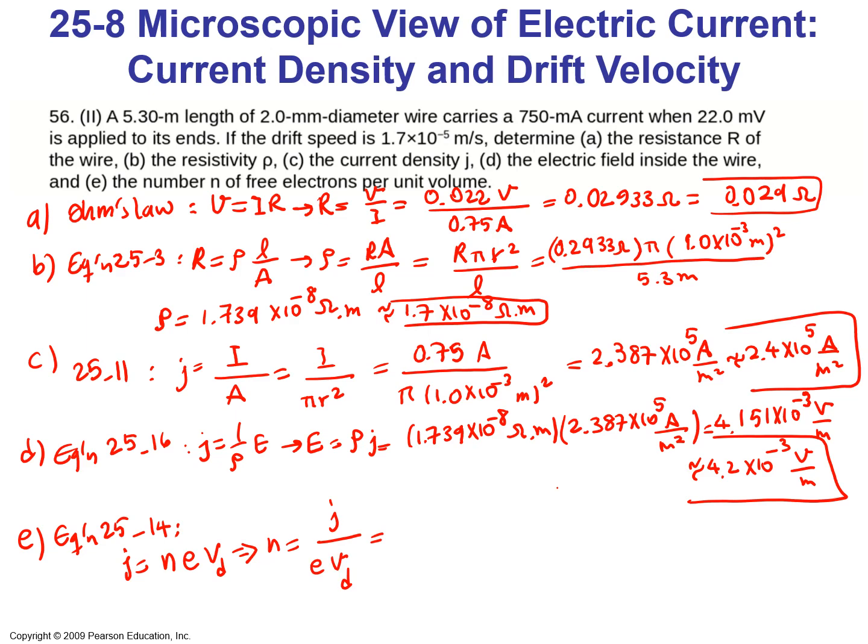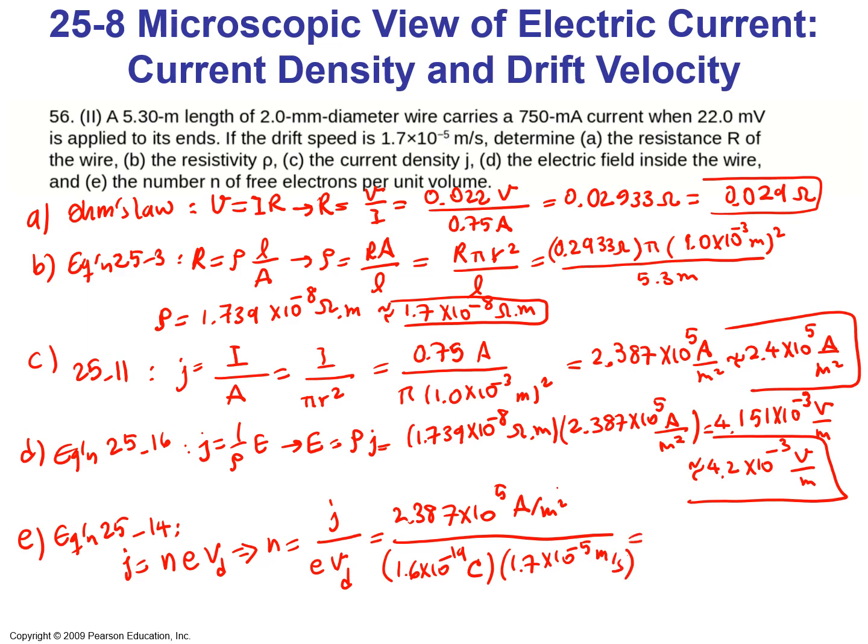If you plug in the numbers, we have 2.387 times 10 to the power 5 ampere per meter squared in the numerator. In the denominator, we have the charge of an electron, 1.6 times 10 to the power minus 19 coulomb, multiplied by 1.7 times 10 to the power minus 5 meter per second. That simplifies to 8.8 times 10 to the power 28 electrons per meter cubed. And this is the number of free electrons per unit volume.